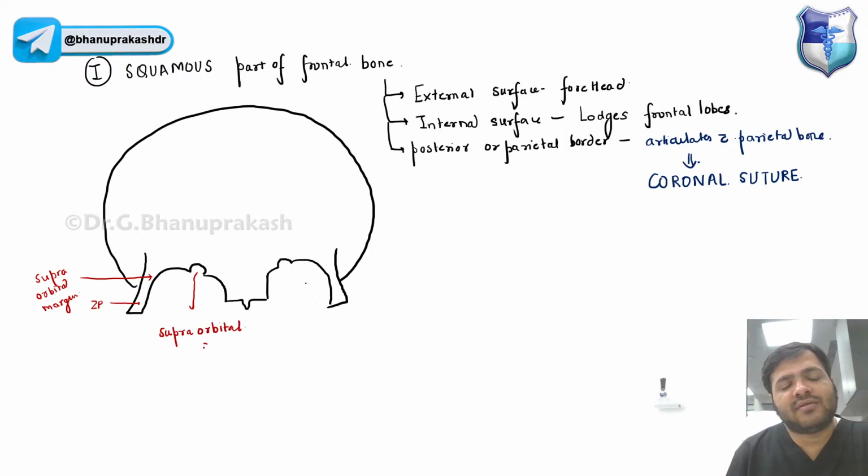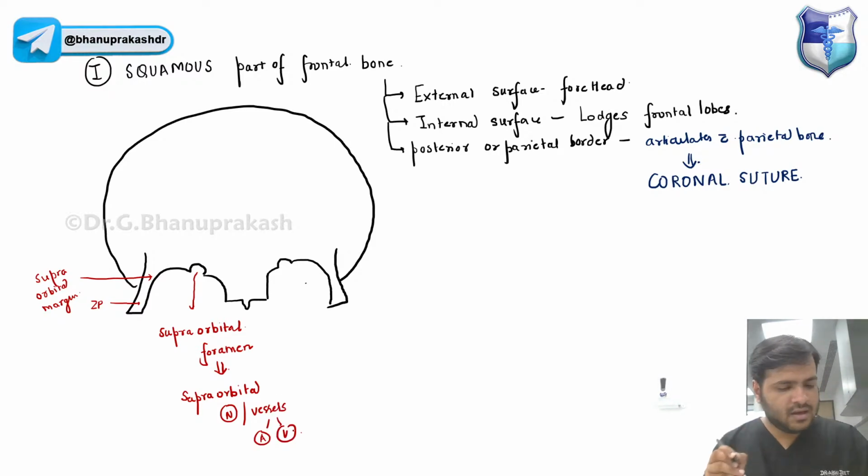Please write down all the structures. It is the supraorbital foramen, and from here what will pass? The supraorbital nerve and vessels. When I say vessels, it is arteries and veins both, right?